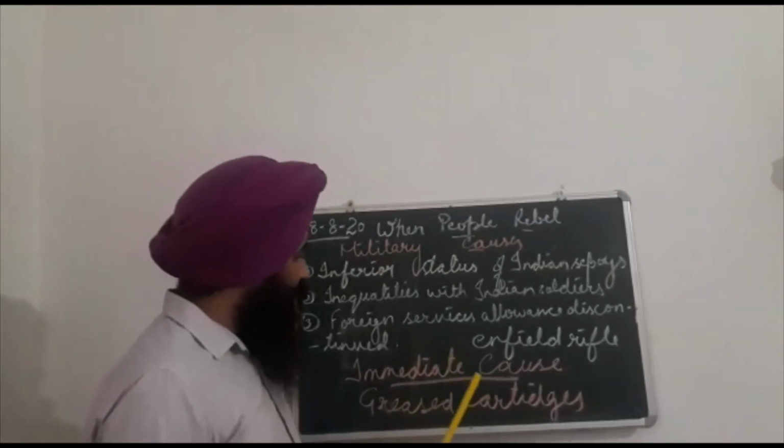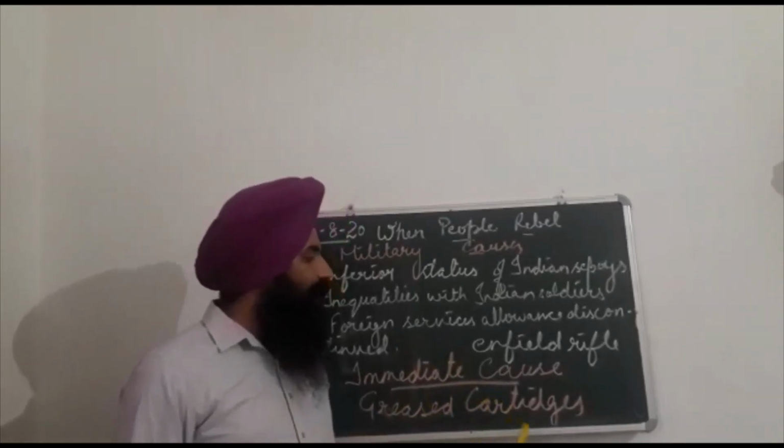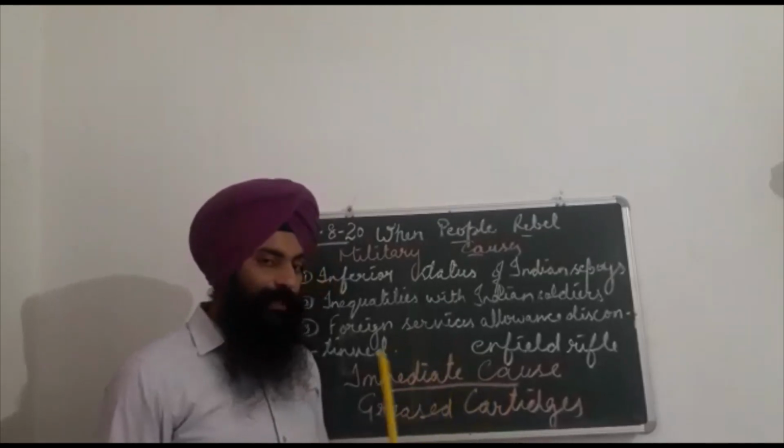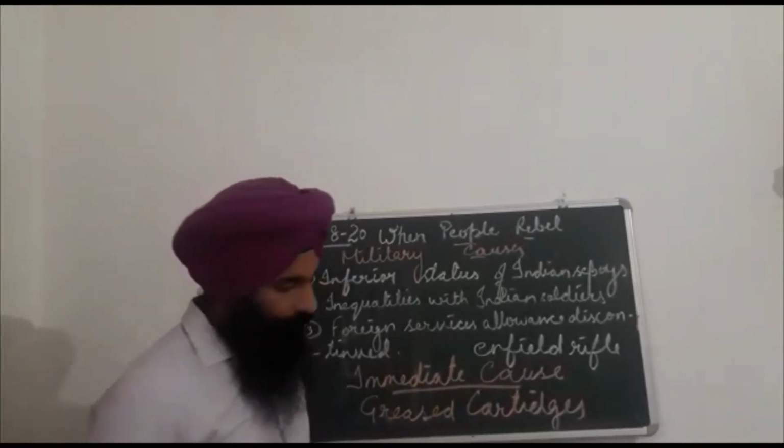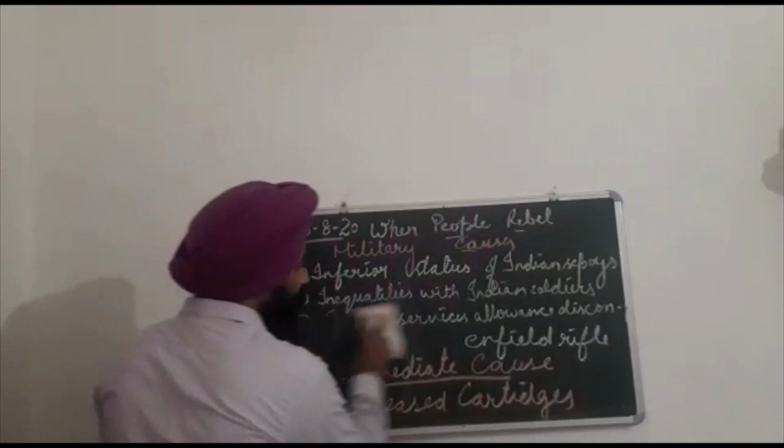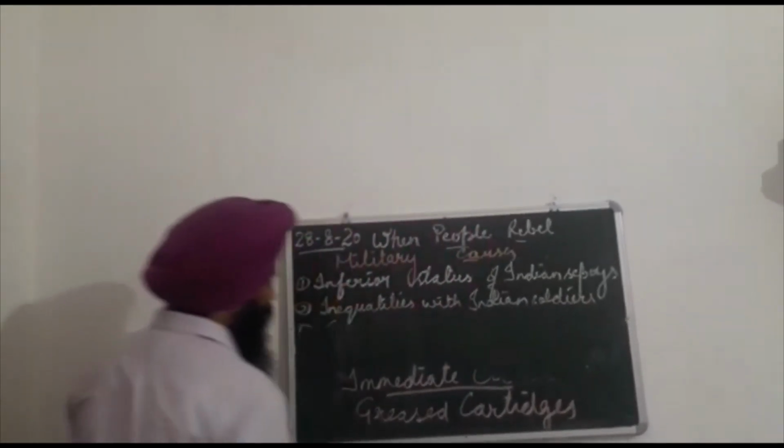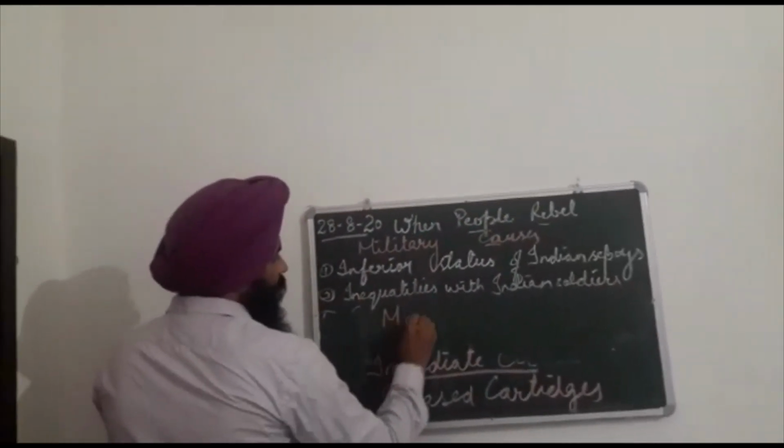In this rejection of the use of greased cartridges, the first person was Mangal Pandey. It was Mangal Pandey who refused to use the greased cartridges. The Britishers hanged Mangal Pandey.